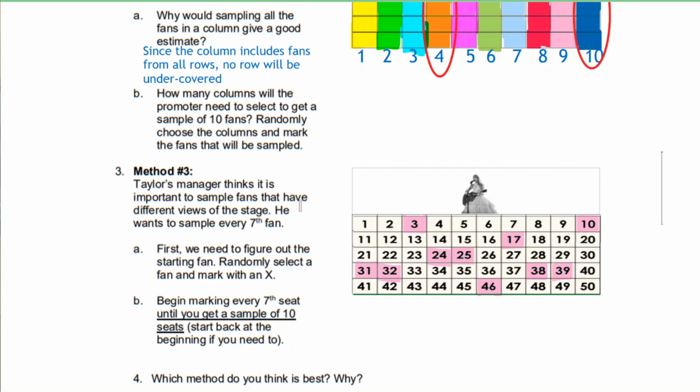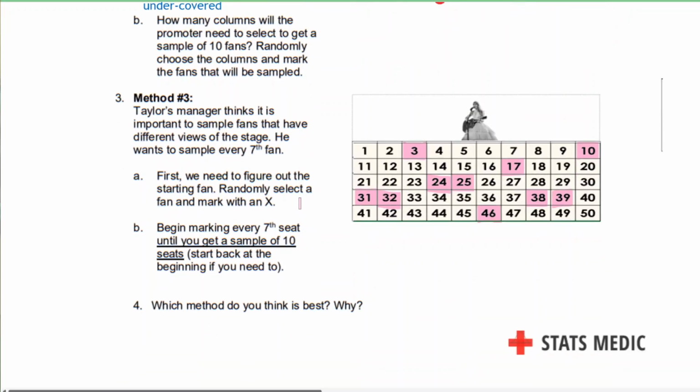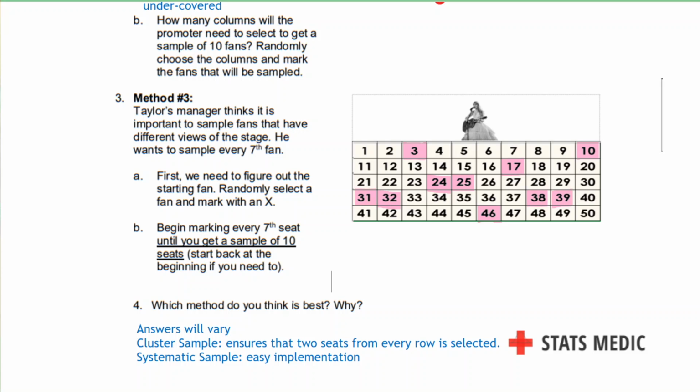And now we can ask this last question here, which method do you think is best? And again, this is kind of subjective, so answers will vary. If you choose a cluster sample, you're probably going to say that you're going to ensure that every row has 2 seats selected.